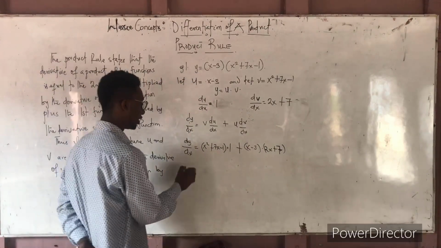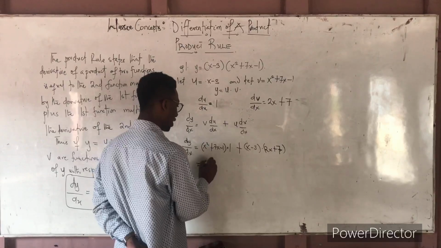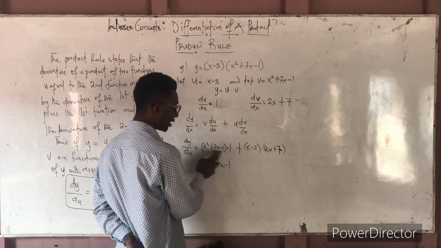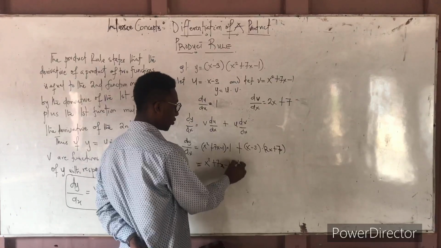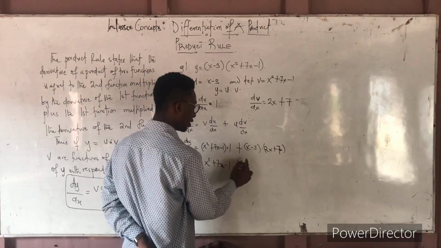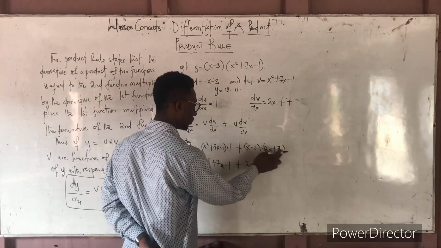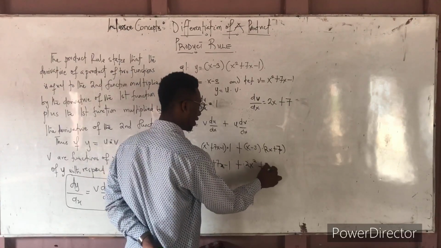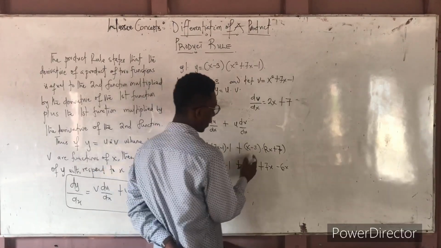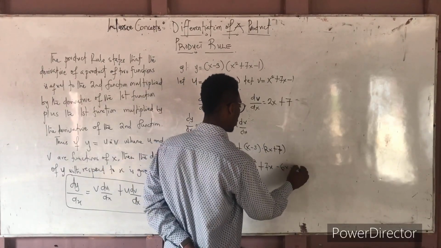So when you get this, you now simplify it. You get x squared plus 7x minus 1, plus this and this will give you 2x squared plus 7x minus 6x minus 21.